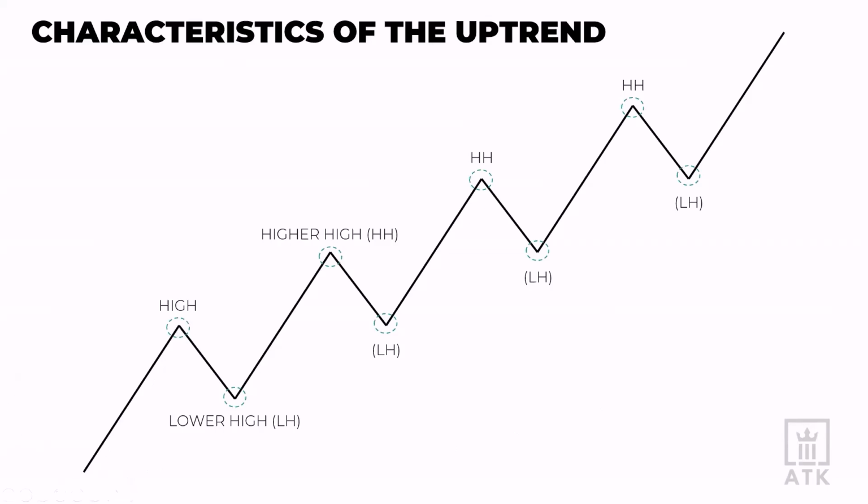And depending on what it's coming out of, we don't know what is coming out of here, but we know that there's a high. And that's a peak. And then price begins to retrace and it pulls back and it creates a low, right?